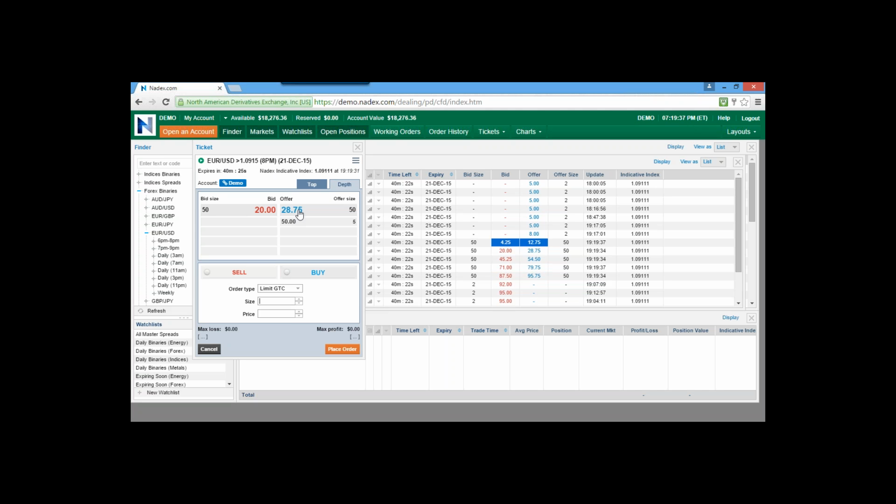If I were to buy this and say, yes, the euro dollar will be greater than 0915 by 8 o'clock, well, right now it's only at 0911. So what has to happen in order for this statement to expire true? Yeah, the market has to move up like 4 ticks, right?